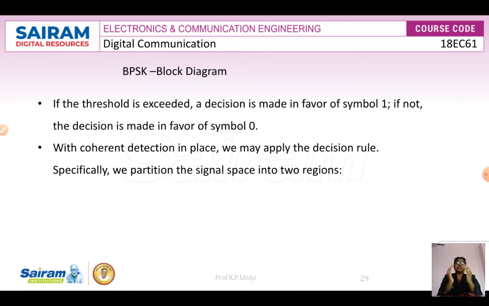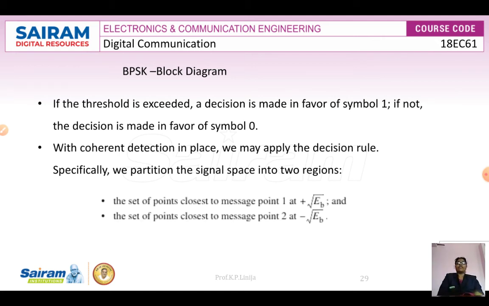Because we are discussing coherent detection, we can apply the decision rule so that we partition the signal space into two regions: the set of points close to message point 1 at plus root Eb, and the set of points close to message point 2 at minus root Eb.